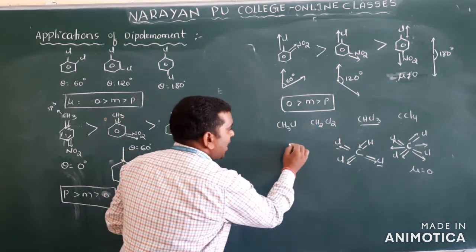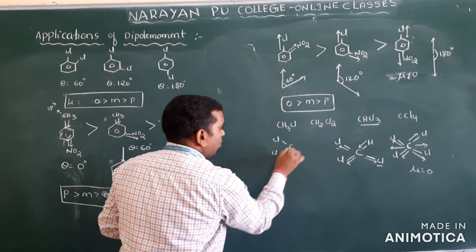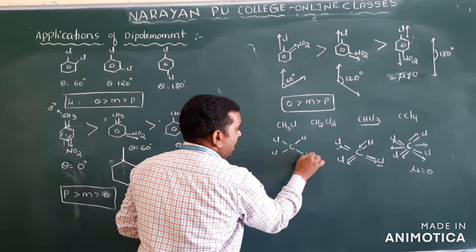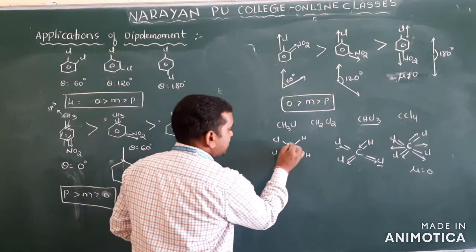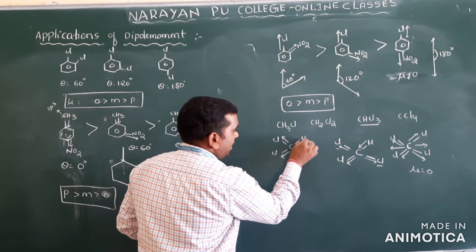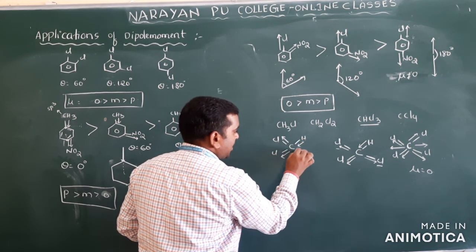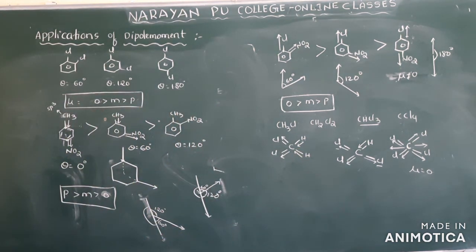If you take another one, clear now what is that one? Chlorine, and here chlorine and hydrogen and here hydrogen. Clear? If you take in this case, this is dipole moment and here dipole moment, and this is dipole moment towards hydrogen. This is dipole moment towards this. Clear?